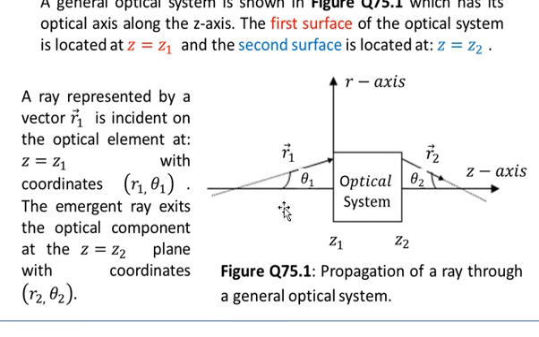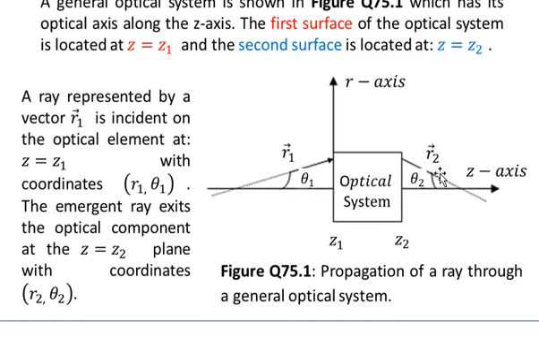And if you are rotating it in the clockwise fashion, then theta1 will be measured as positive. But you see that here, in order to make the ray R2 parallel to the z-axis, R2 must be rotated counterclockwise and theta2 will be taken as negative.